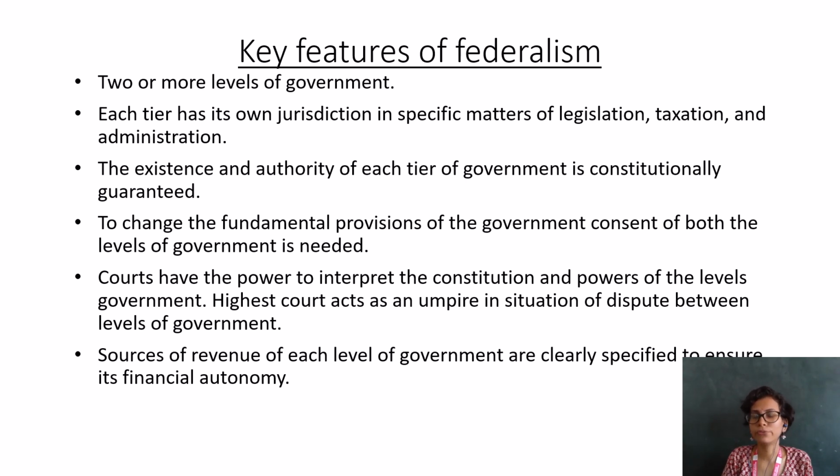Suppose for the central government, the whole of India comes in. For a state government, the particular state will come in. Again, in the constitution they have given the matters, like defense is going to be looked after by the central government, and agriculture and education are going to be looked after by the state governments. Like that, the matters are distributed.